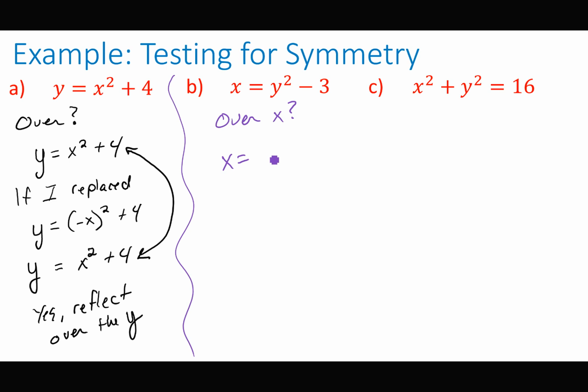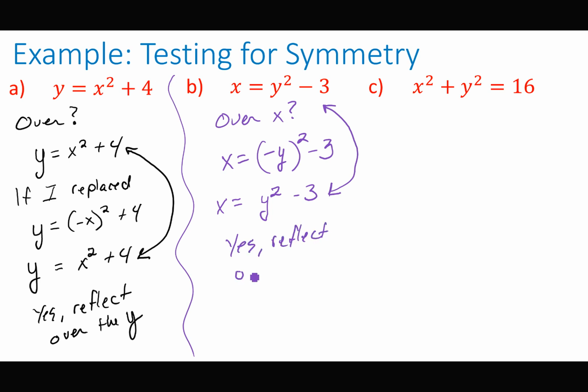If so, I can put a negative y in here instead, and it'll get me the same equation. This one is being squared, so yes, this one does work, because negative y squared is the same as a positive y squared. These are the same, so yes, this one does reflect over the x.